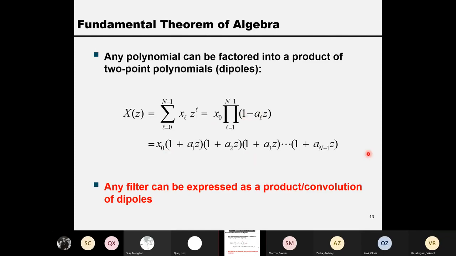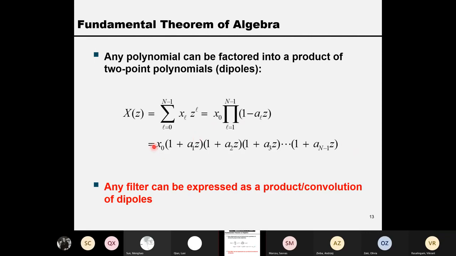And these n factors multiply each other. If you remember, in the first session, we talked about the multiplication of 2 Z transforms being equal to the convolution.